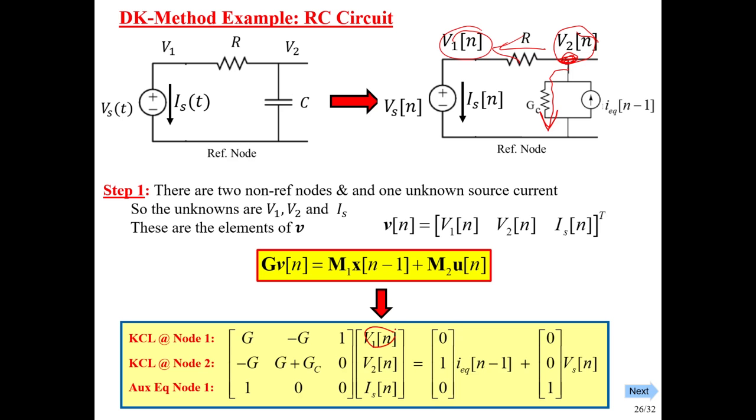So here's V1 minus V2, plus V2 times GC, and then 0 times this, and it is equal to this, right? So this is current out, and current in. And so that's how we get that one.